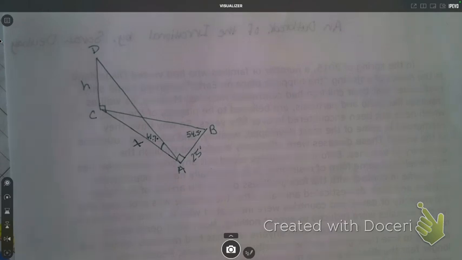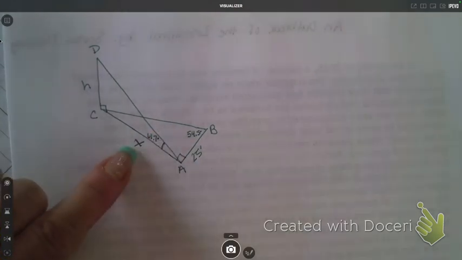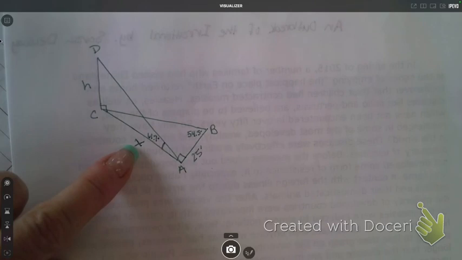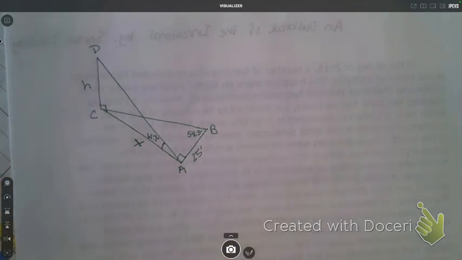So I'm going to use that. Once I have X, I can use tangent to find H. So how am I going to find X? I'm going to use tangent, right?